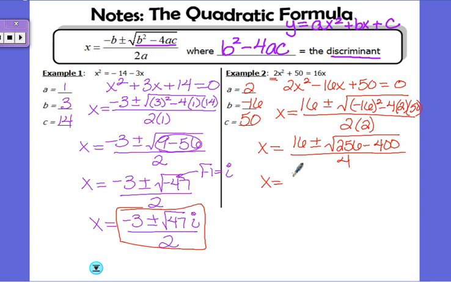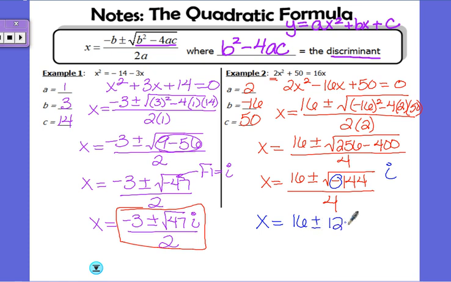So x equals 16 plus or minus the square root of negative 144 all over 4. Again, we have a negative inside our square root, so that means we're going to have an i. And the square root of 144 is a perfect square, so that'll be 12. So we'll have x equals 16 plus or minus 12i all over 4.